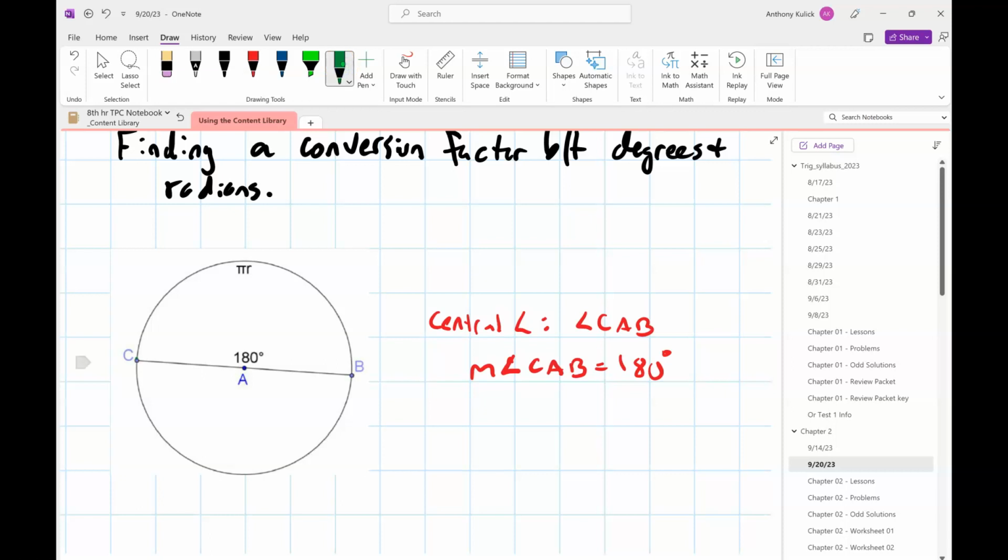And then we have our arc, CB. What does the measure of that arc, CB, have to be? Well, sometimes you measure arcs with angles or with degrees in geometry.